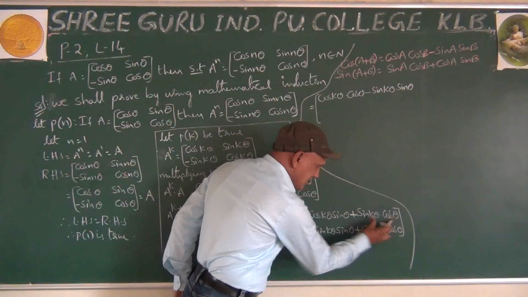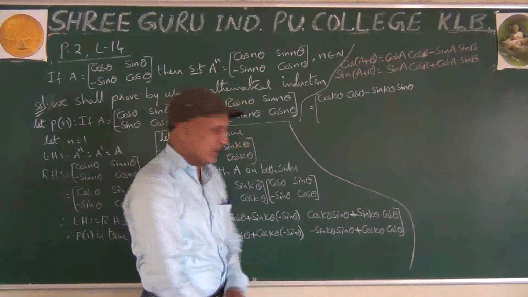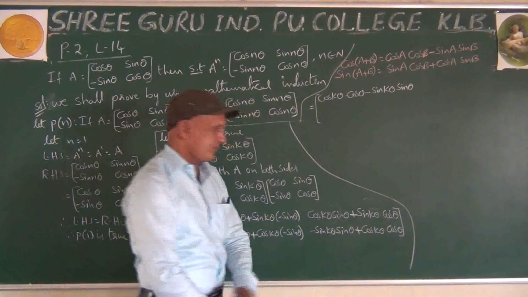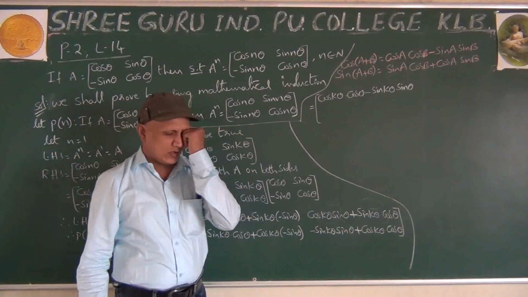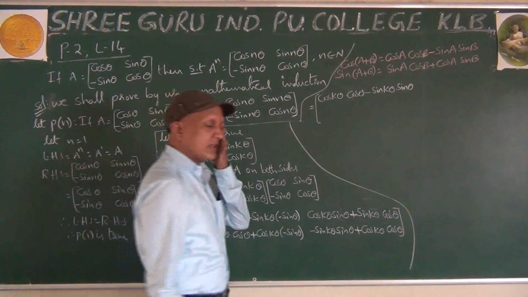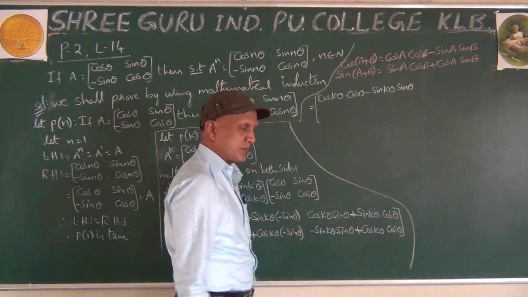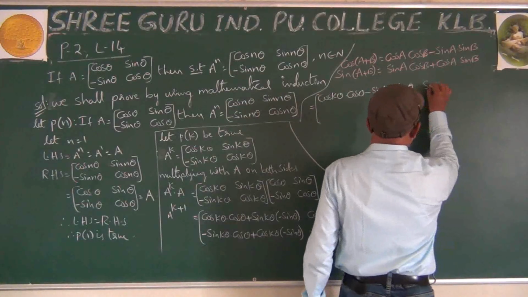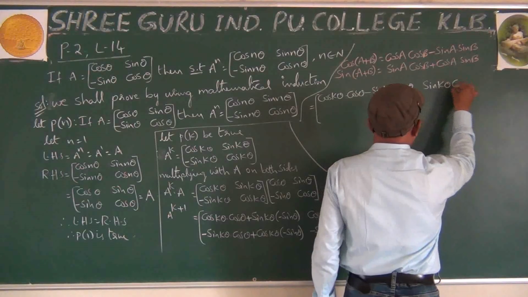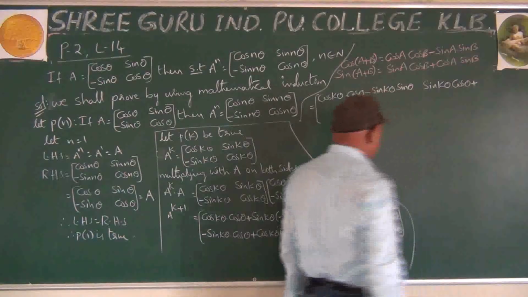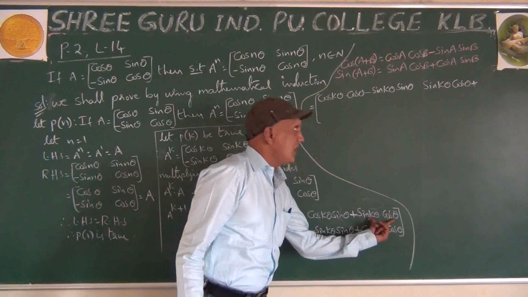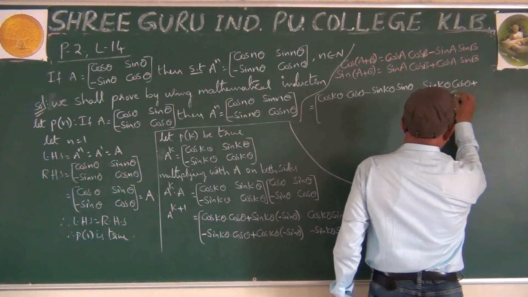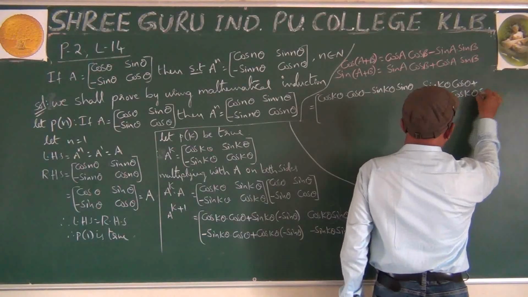So I am writing this first, this next. This is like 2 plus 3, which can be written as 3 plus 2 also. So I am going to write sin k theta cos theta plus cos k theta sin theta.